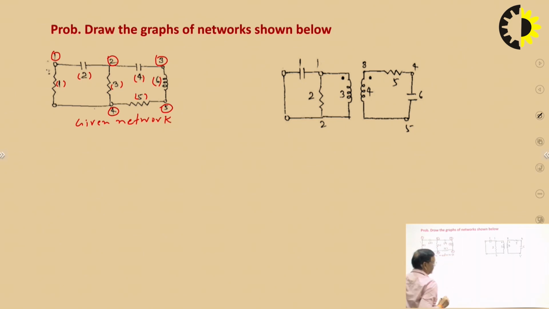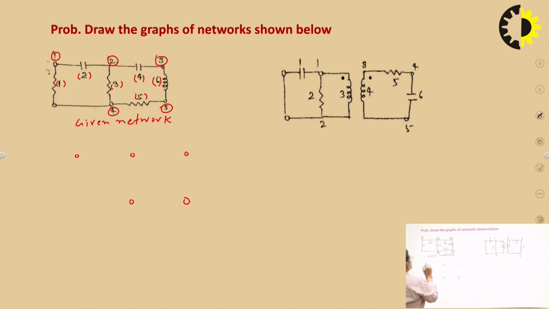Given the network, you are required to draw the graph of the network. First and foremost, we have to identify how many nodes and how many branches there are. Our nodes are 1, 2, 3, 4, 5.